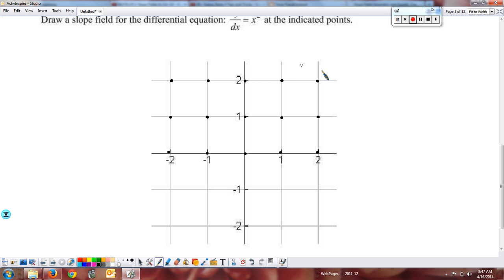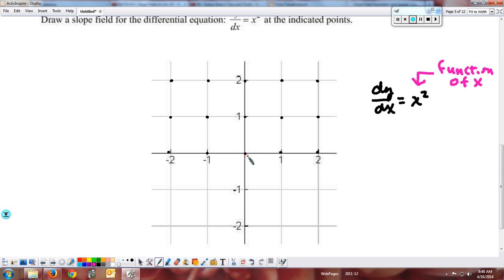All right. So we have our dy dx equals x squared. Now, the first thing you want to notice about this is that this is a slope that is a function of x only, that it does not depend on y at all. So that really makes it easy for us as we are calculating this. Like, so if I go here, I'm on the y-axis.